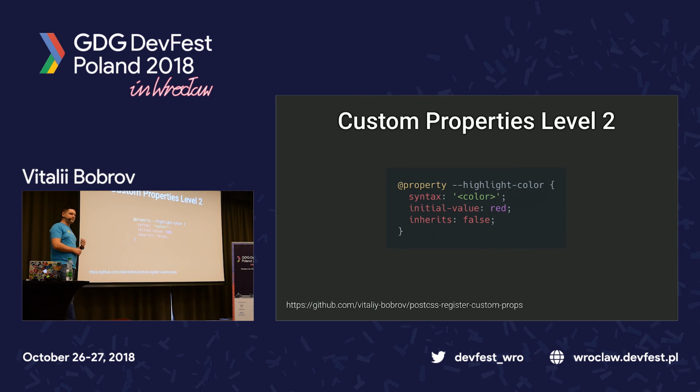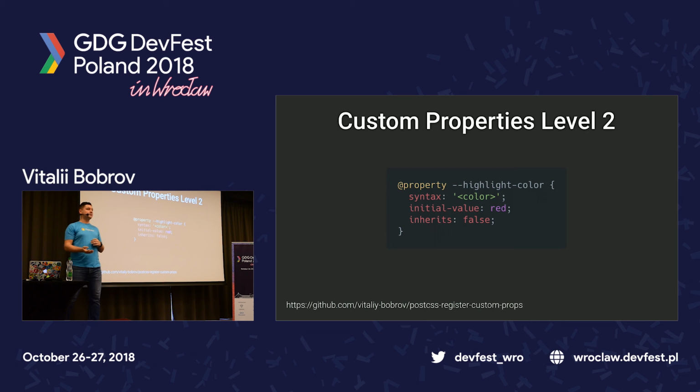So for these custom properties, there is a proposal for a second level of the API to define these custom properties inside CSS instead of JavaScript. And the syntax will look like this. We have @property, then we pass in the name of our custom property and the same options as we pass in JavaScript, like syntax, initial value, and inherits.